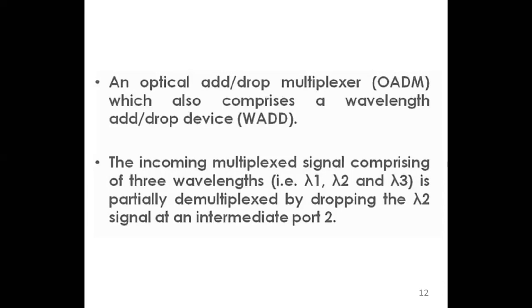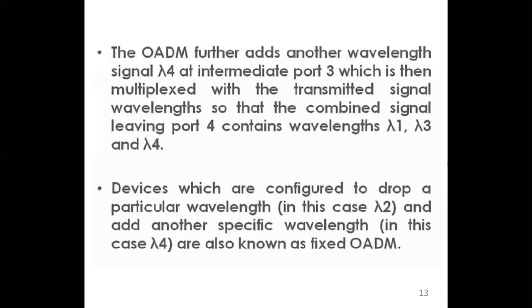So you have incoming signal comprising of three wavelengths, and it is partially demultiplexed by dropping lambda 2 at the intermediate port. And then on the right hand side, the OADM further adds another wavelength, lambda 4, which is then multiplexed with the transmitted signal. So the job is very simple: add and drop the signals as and when it is desired.